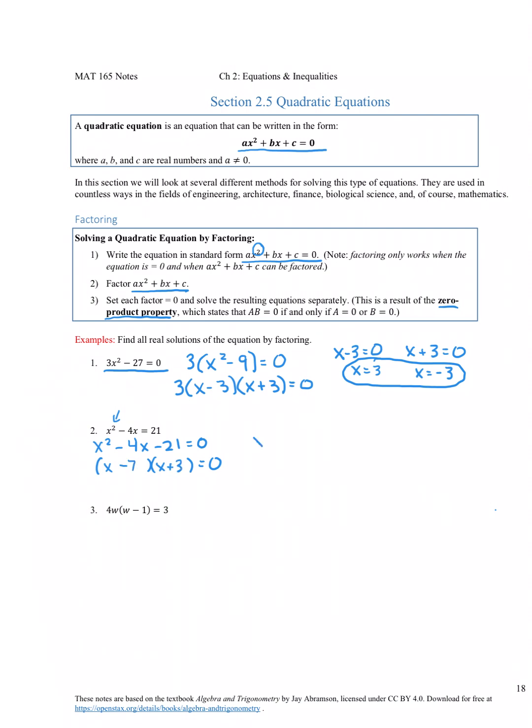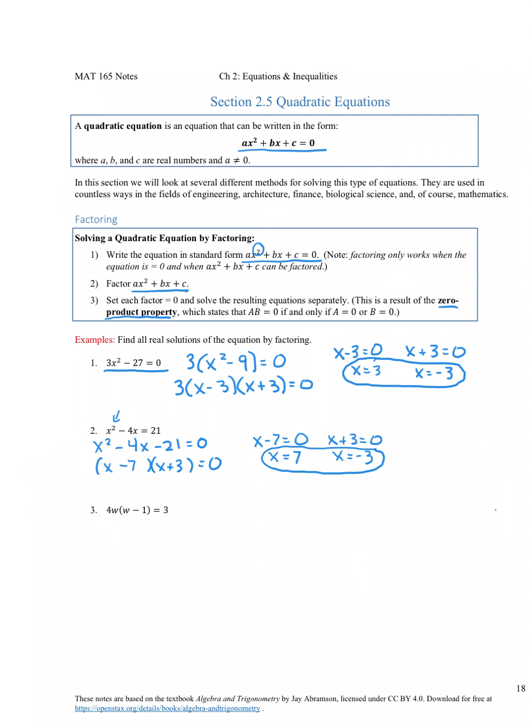And then we're going to use our zero product property again. If we add 7 to both sides in this first equation, we'll get 7. If we subtract 3 from both sides, we'll get negative 3. So we have two answers, x is 7 and x is negative 3.